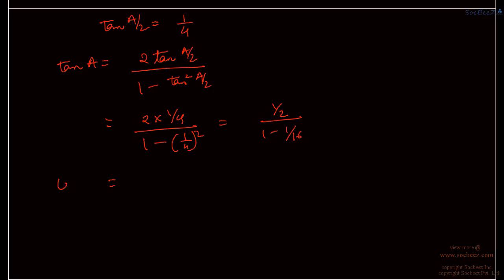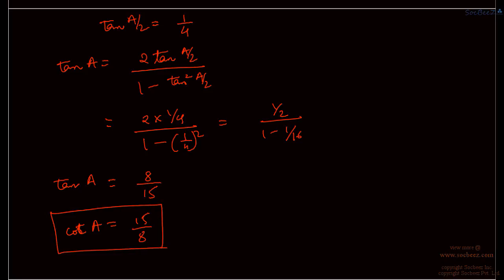So solving this we get tan a is equal to 8 by 15. Hence cot a is equal to 15 by 8. Okay. So this is how we find the given required trigonometric ratio here. So cotangent A is equal to 15 by 8.